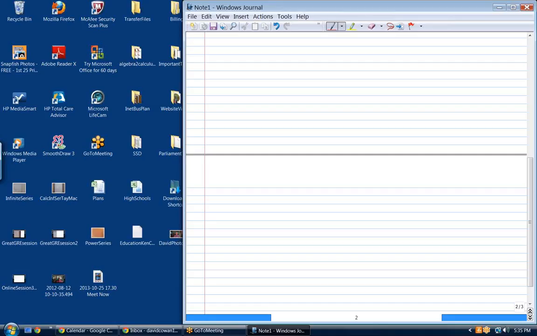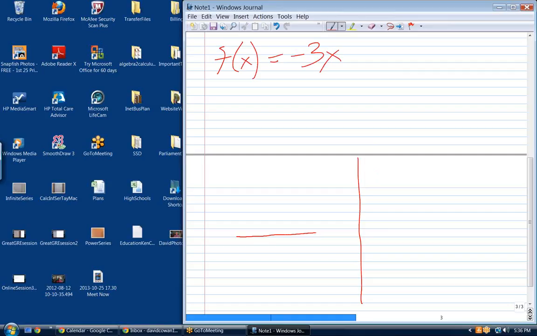Graph the function not by plotting points, but by starting from the graphs in figure 2. State domain, range and asymptote. The first function is f of x equals negative 3 to the x. So first of all, let's graph it based not on plotting points, but based on plotting the elementary function, which is what?